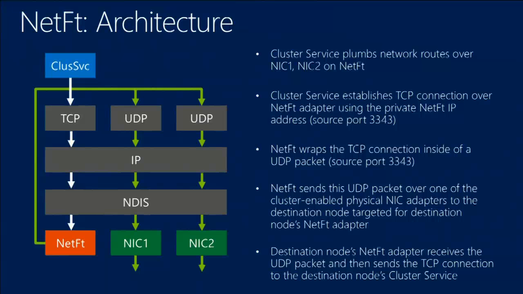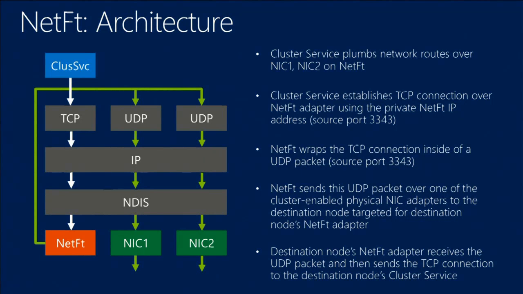And again, this is a component that's part of cluster service, no extra configuration necessary for this. So in terms of the stack, the netft plugs in as a mini port adapter, a virtual adapter. So it presents itself just like a NIC. And so when cluster service runs on top and it sends a TCP connection, it uses the netft adapter for sending this traffic.